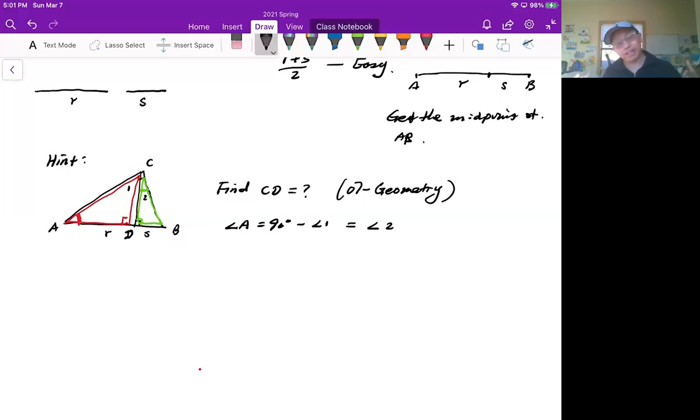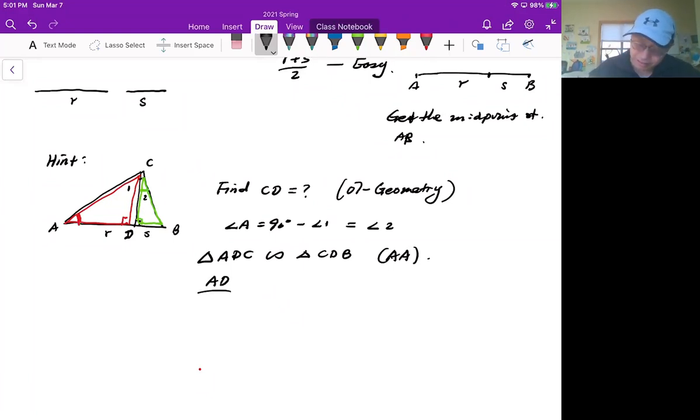And therefore, we get a second condition. So the two triangles are similar triangles. So we have the triangle ADC. ADC is similar with CDB, right? That's an AA condition. And if that's the case, then we can say that AD over CD equals CD over BD.